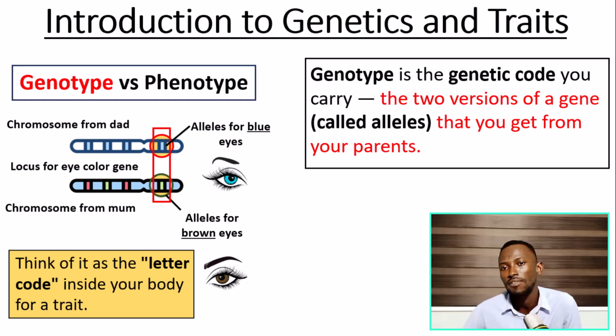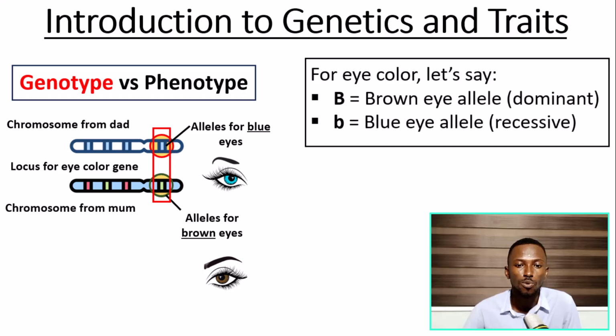Now think of this genotype as letter codes inside your body. It doesn't mean we have alphabets in our body, but for simplification and understanding of the concept, you should think of them as letter codes in our body. So we are going to pick an example. Let's assume we want to discuss eye color. Let's say for eye color, the father gave an allele for blue eyes and the mother gave an allele for brown eyes.